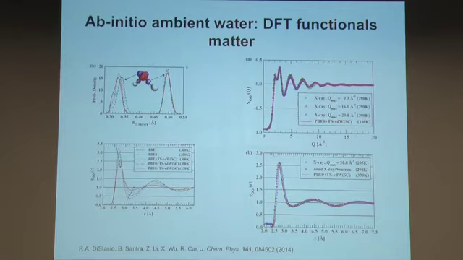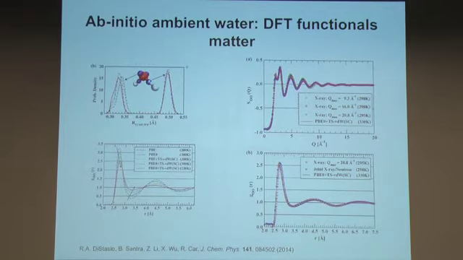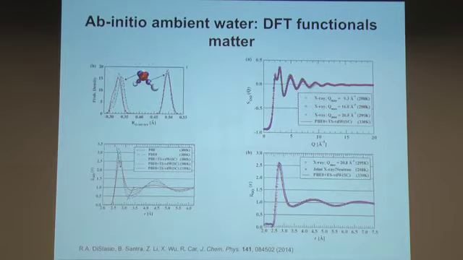The maximally localized Wannier function is just a unitary transformation in the occupied subspace, and the center of this Wannier function is located here in this bond pair, and here is associated with the lone pair.